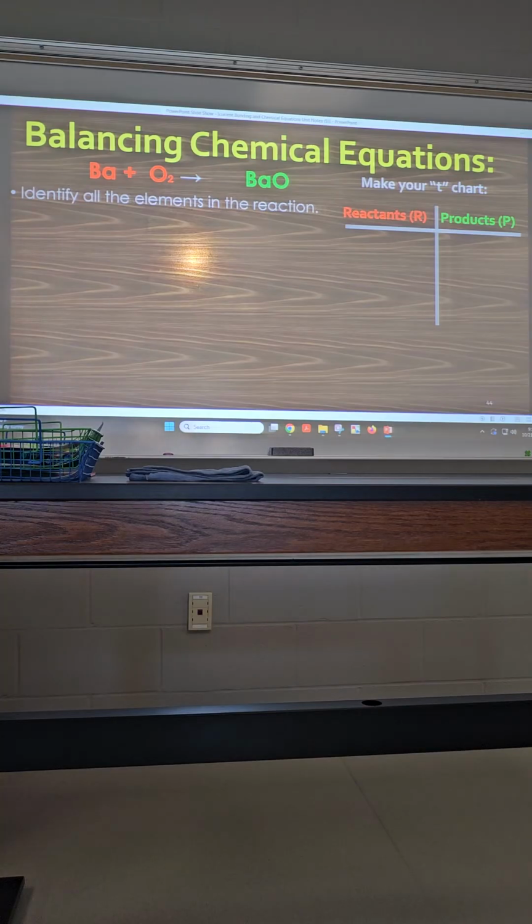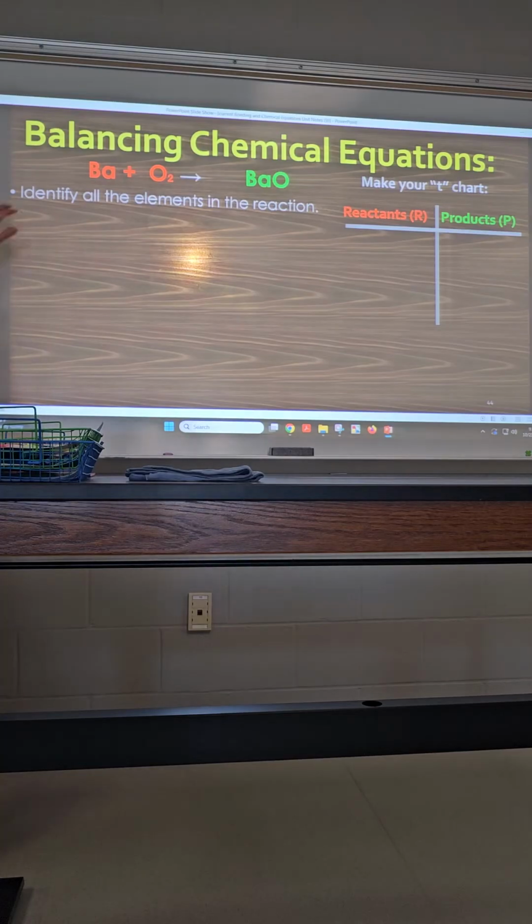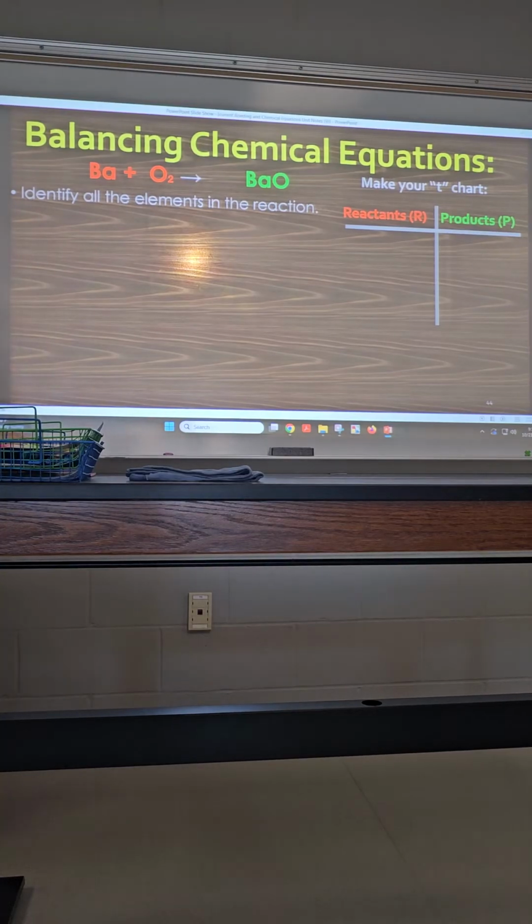So, we have barium and oxygen to make BaO. So let's identify the elements. What do you see here in that equation? Dorian, what do you see here?